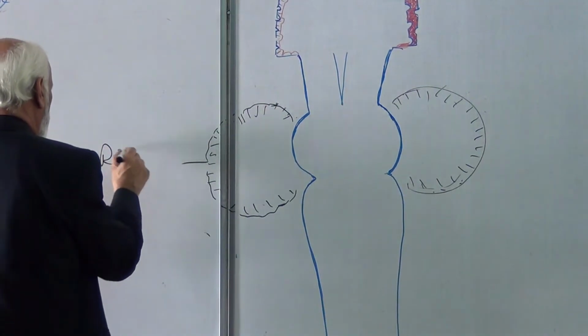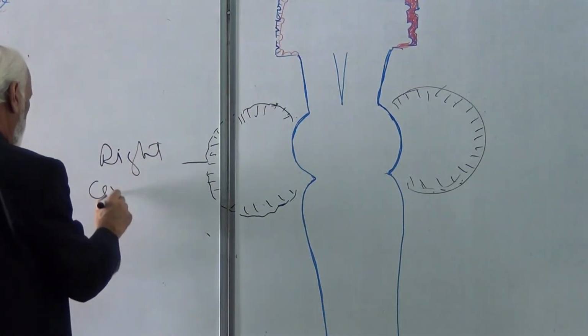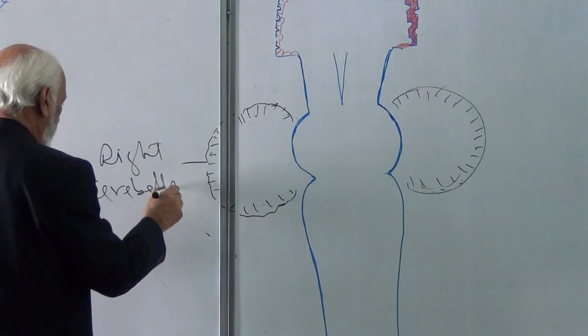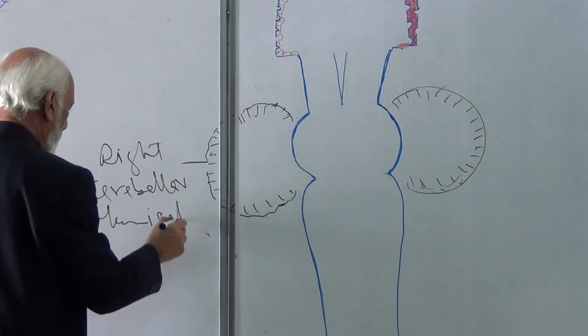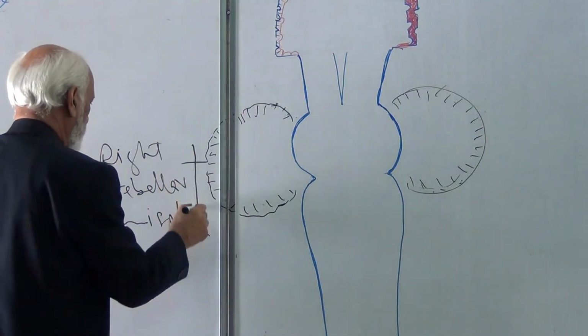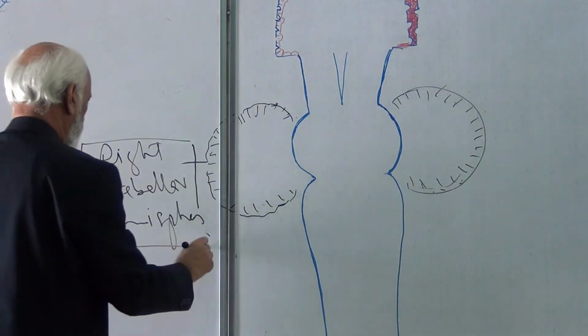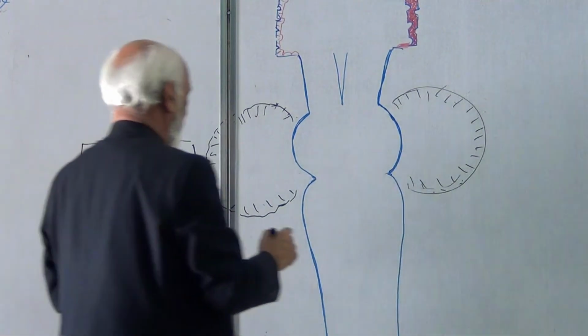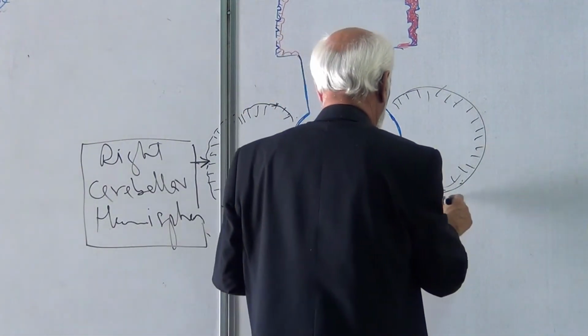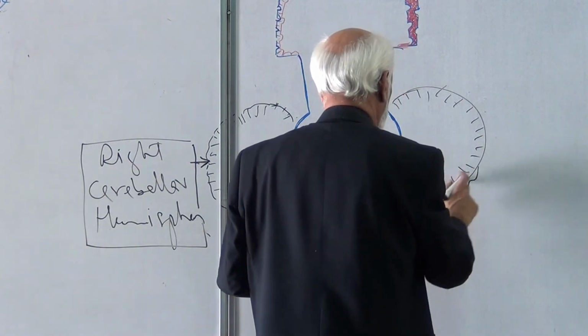This is the right cerebellar hemisphere, and the left cerebellar hemisphere.